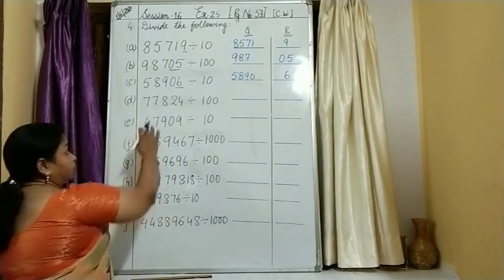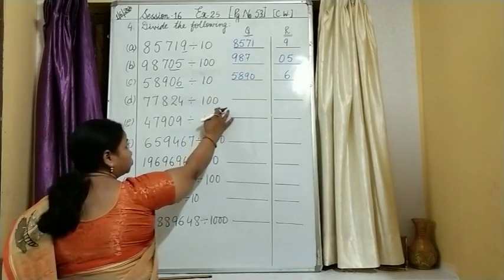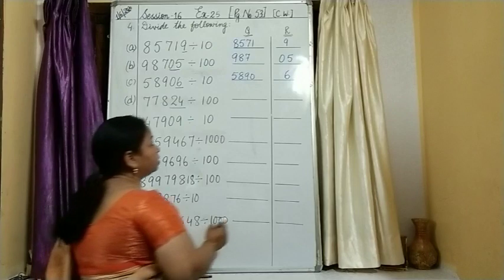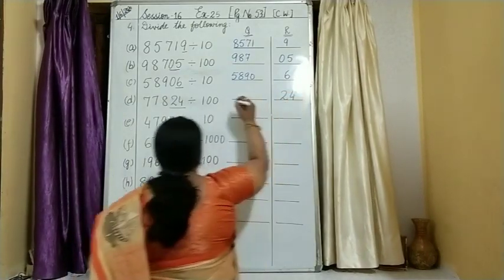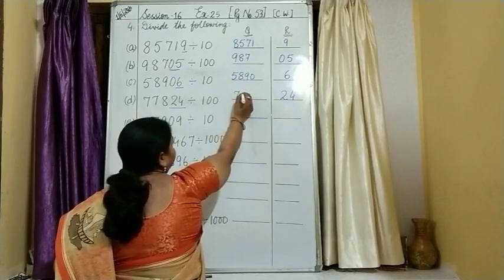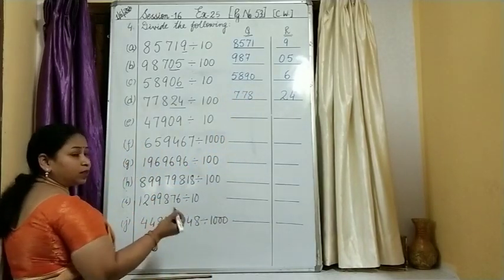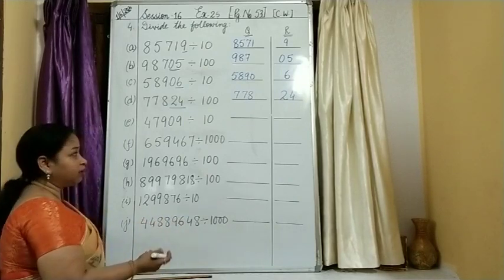Okay. 77824 divided by 100. So there are 2 zeros. I will underline these last 2 digits, 24. The remainder will be 24 and the quotient will be 778. Easy children. Without doing the actual division you are getting your answer so quickly, isn't it?